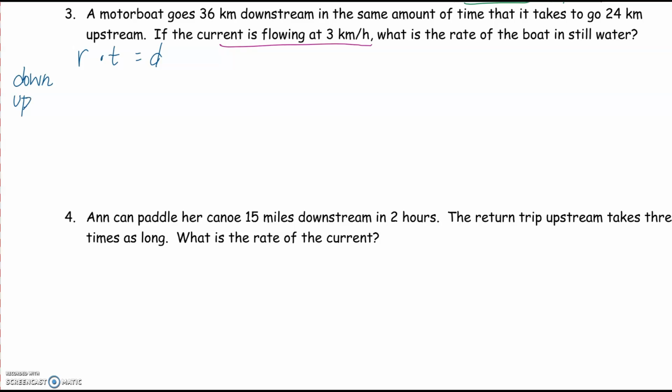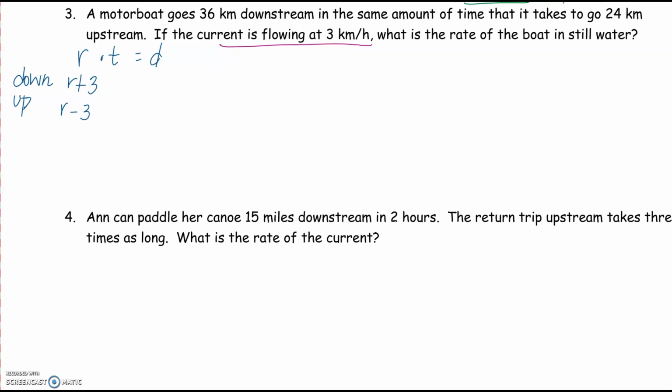So our rate: if we're going downstream, remember that the 3 kilometers per hour that the current's flowing is going to be added to that. So it's going to be R plus 3 this time. And then if it's going upstream, we're going against the current, so it's going to be R minus 3.